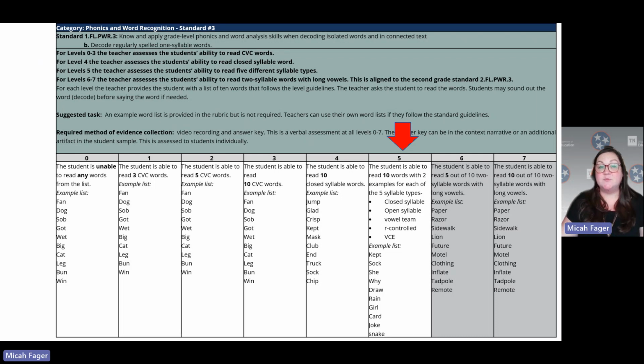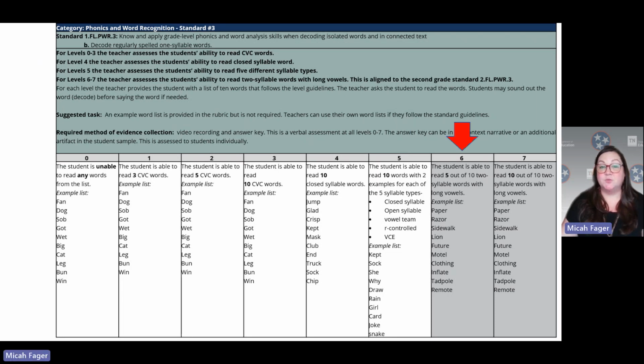If the student is able to successfully read all 10 words, then the teacher does not need to upload evidence for successfully completing levels 0 through 4.